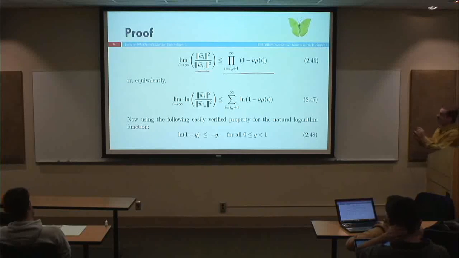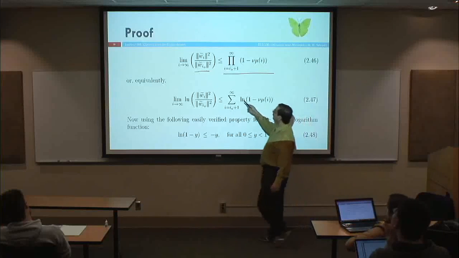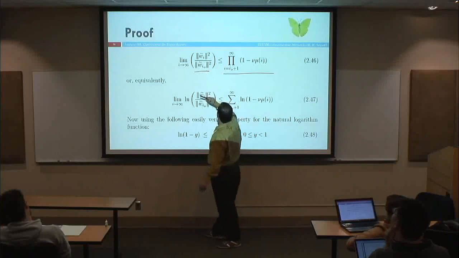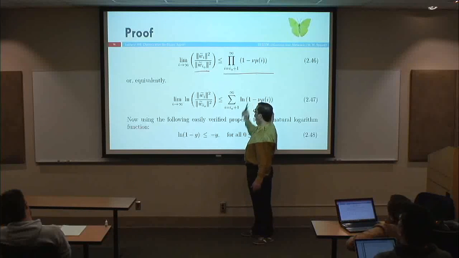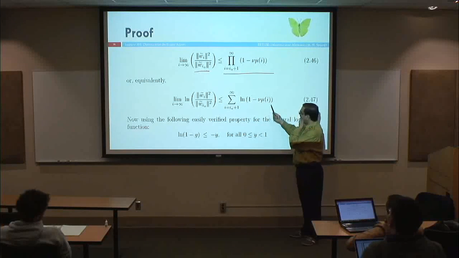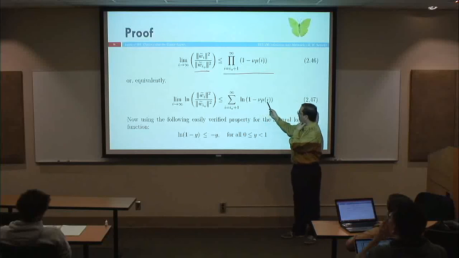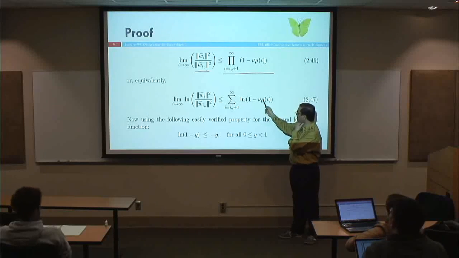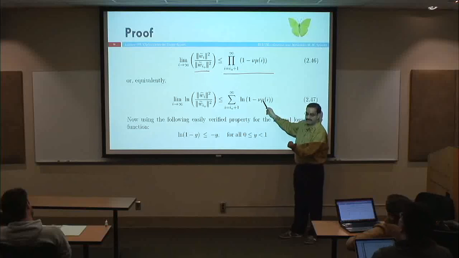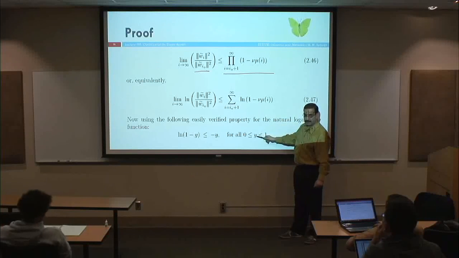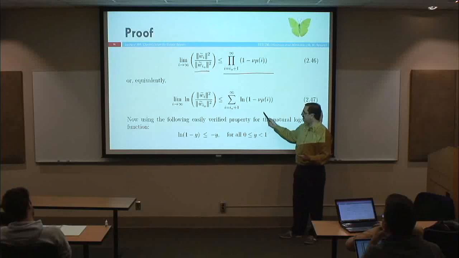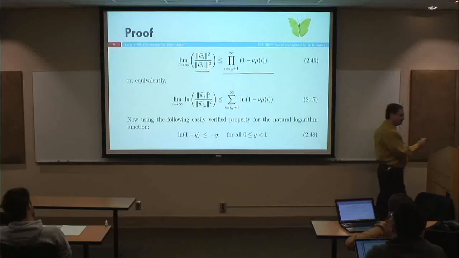So I could have written also, if you take the log of this, it's upper bounded by the sum of the logs of this. Very good. Now come here. I told you that this term here, because mu is very large, I is very large, nu times mu, call it y, is something that's non-negative and smaller than 1. And for the logarithmic function, this property holds.